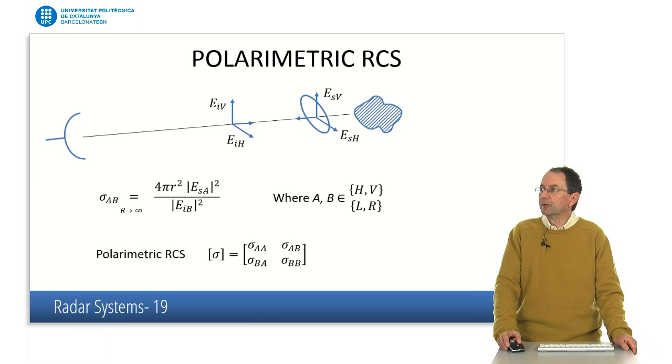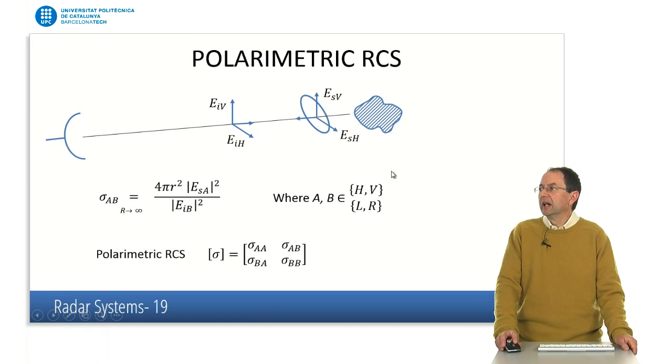If we measure the two components for the two possible incident polarizations, we extend the concept of radar cross-section to a polarimetric radar cross-section, where the two diagonal elements correspond to the same polarization, for example HH and VV in the case of linear polarizations, and the other elements correspond to the cross polarizations, for example HV and VH.